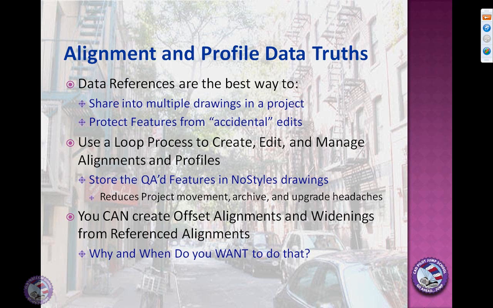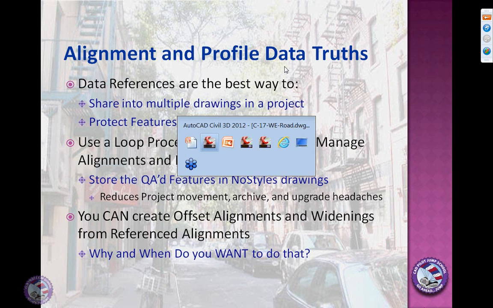When you get it all set up and working right, make sure you get those out as data references when you're done and QA'd. Obviously, while you're making them and getting it all set up, they have to be in a place. After you get them done, make sure you get them out somewhere safe, so as you start to build and finish corridors, those features can't be accidentally edited.